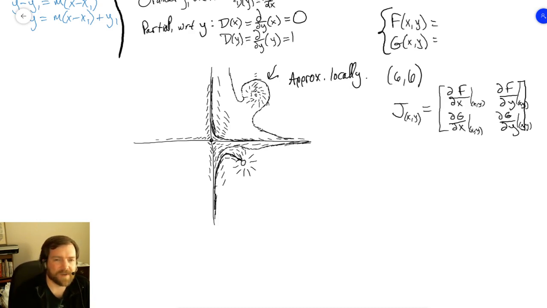If you can approximate this as a spiral source, so it's going to spiral outward by itself, then you also find that 0, 0 is a saddle point, and you know it's going this way.